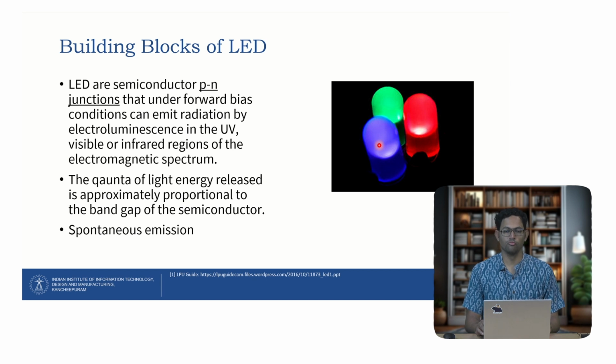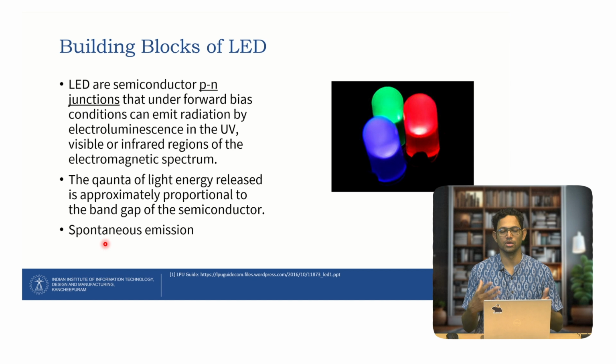One more important thing that comes to mind is spontaneous emission. A light emitting diode works on the basis of spontaneous emission. What we mean by spontaneous emission is that we cannot control how the light, or in other words the photons, are being emitted. The photons will be emitted after some time, in the order of some nanosecond interval.